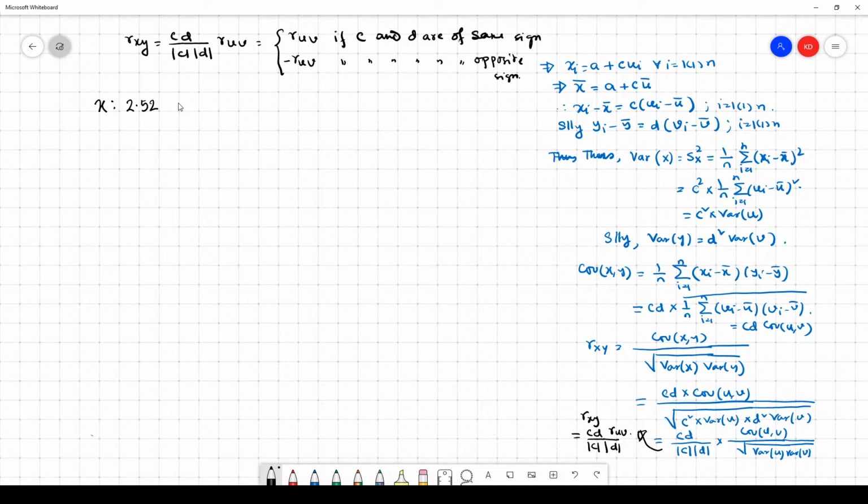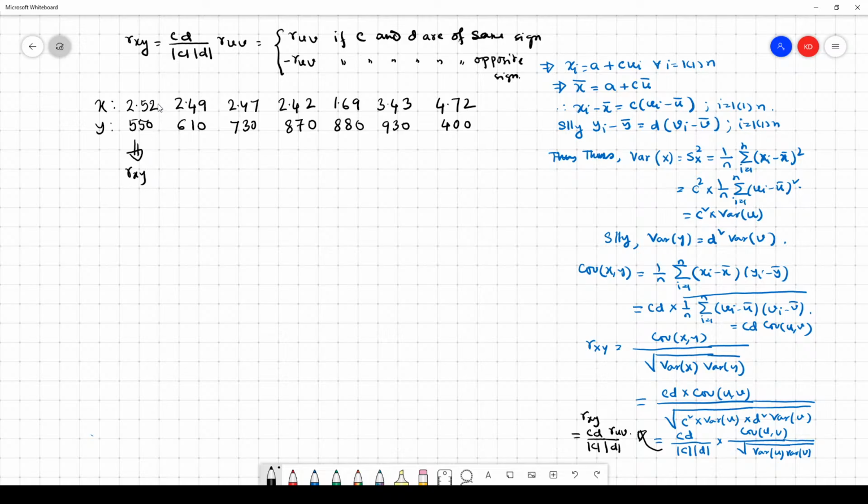X is 2.52, 2.49, 2.47, 2.42, 1.69, 3.43, 4.72, and Y is 5.50, 6.10, 7.30, 8.70, 8.80, 9.30, 4.00.